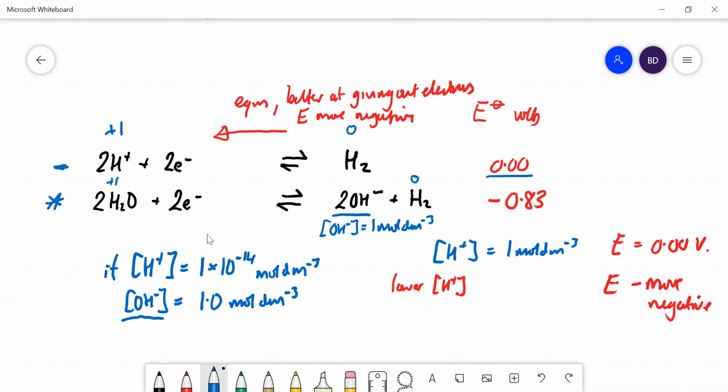We've said that if you lower the hydrogen ion concentration, you're going to lower the electrode potential. Well, if you carry on and take it to extremes, you find that it will go to minus 0.83 volts. So just to summarize, if we go from that 0 value to that minus 0.83 value, what we're doing is reducing the hydrogen ion concentration.